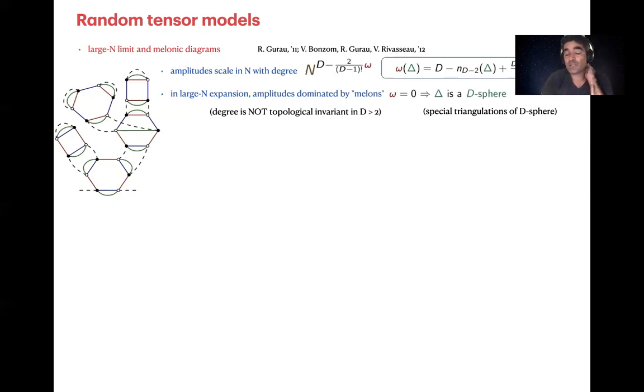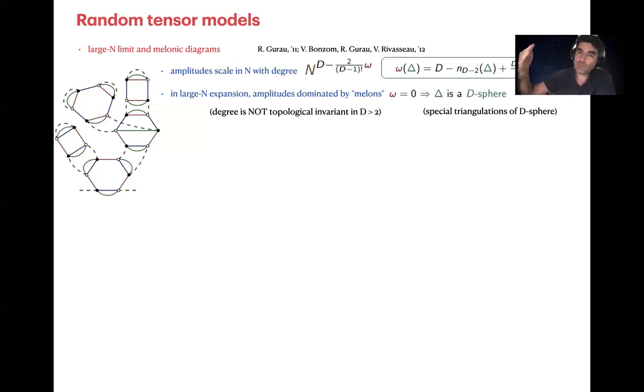Then one can see that in the large N expansion, in the large N limit, diagrams with vanishing degree dominate, and one can also show that these correspond to special triangulations of a d-dimensional sphere for rank D models. Careful, however, to notice that the degree is not a topological invariant in dimension higher than 2.